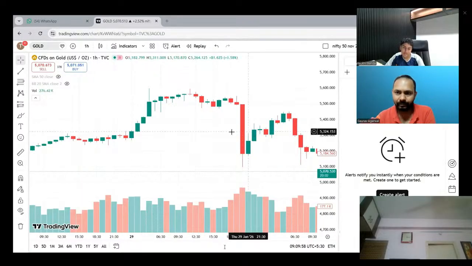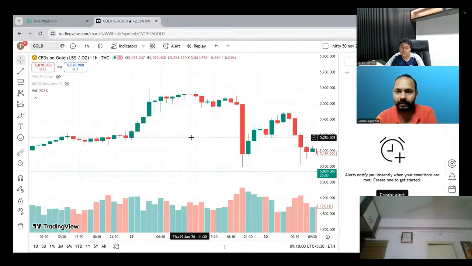I have a question. Do you ever use trailing stop loss in scalping strategy, or is it mostly intraday? Scalping you may not be able to use because the scalp trade is for a very short time, right? 1 minute, 2 minutes, like that. So it's very difficult to use in that.